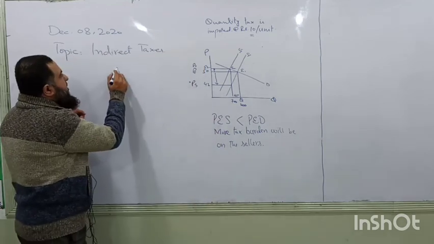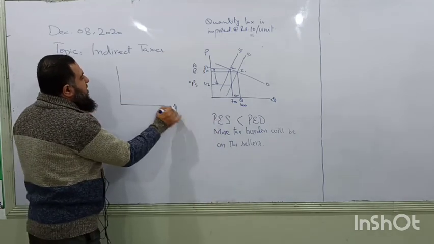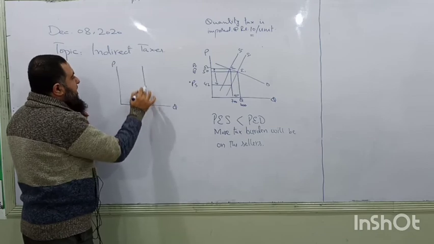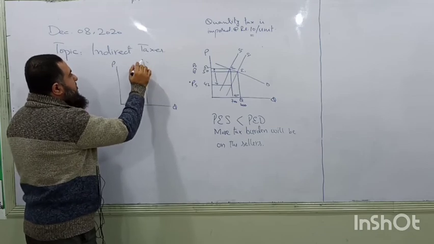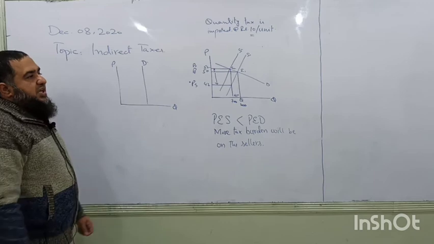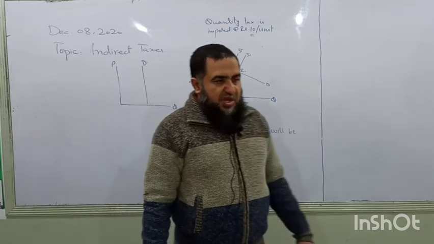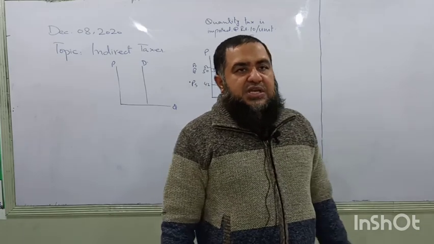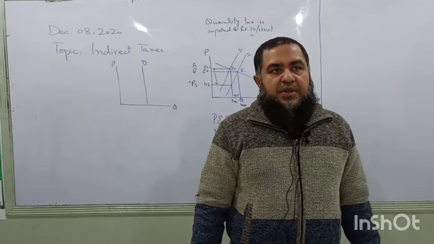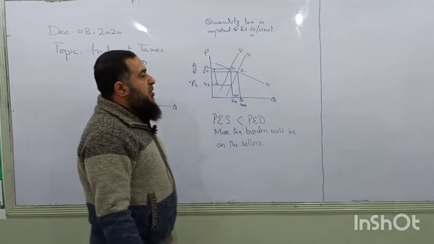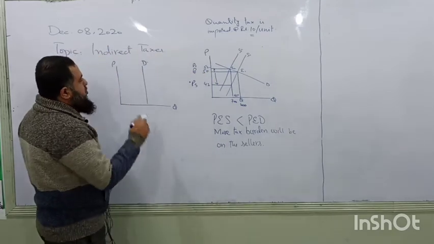Now if demand is perfectly inelastic, remember, this is perfectly inelastic demand. You can say this is a perfect necessity. Keep in mind, the government imposes taxes on inelastic demand because consumers will not decrease their consumption by too much.